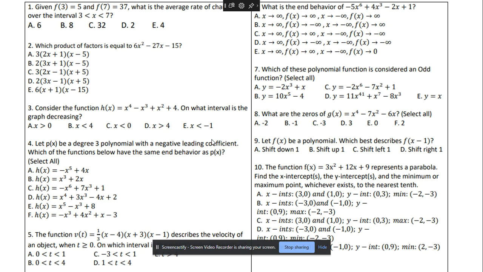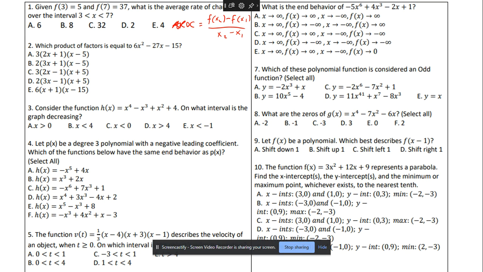So number one, you're given two ordered pairs. Essentially, you're told that 3 goes to 5 in this function, 7 goes to 37, and it's asking you for the average rate of change on that interval. We've done some warm-up questions and bell work questions like this one. Remember that your average rate of change is equal to f of x2 minus f of x1 all over x2 minus x1.